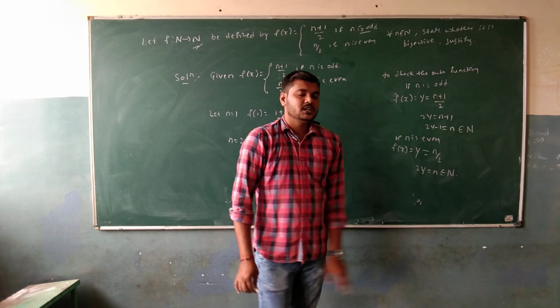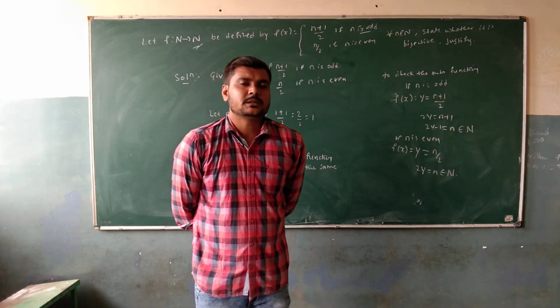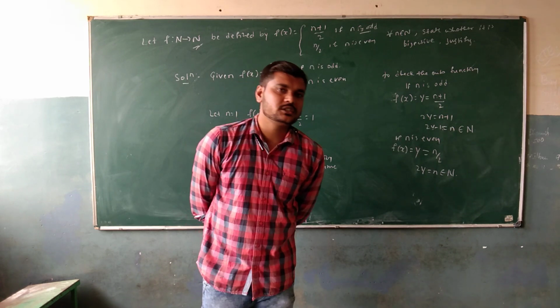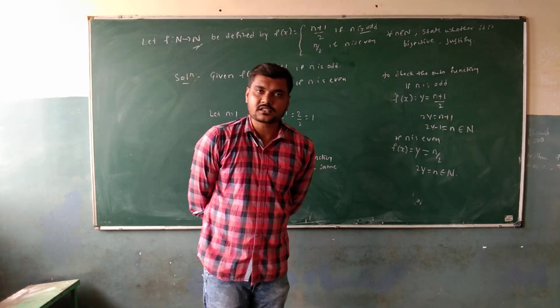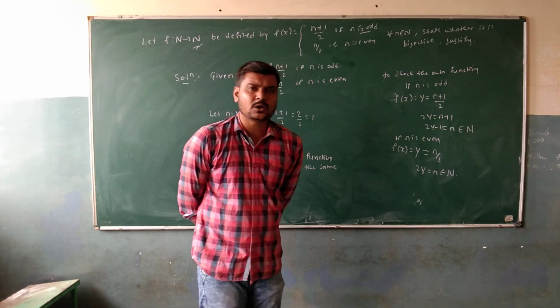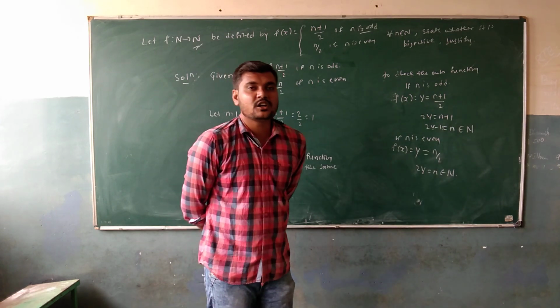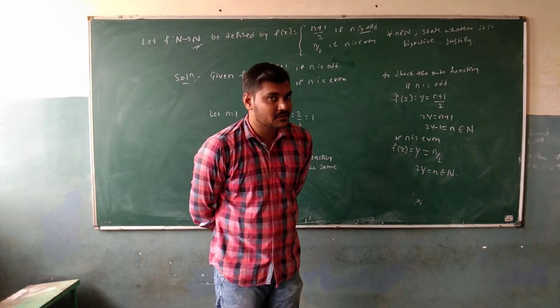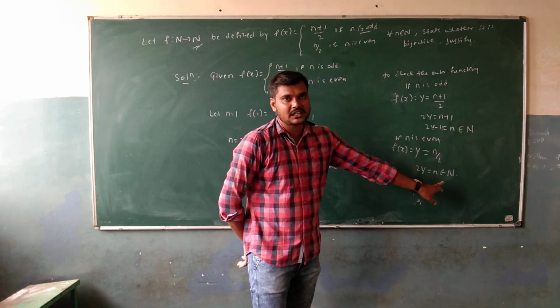If we give any value to y from the set of natural numbers, suppose 1 gives 2, suppose 2 gives 4, suppose 3 gives 6, so 6 also belongs to the natural numbers. If we give y as 10 crore, it gives 20 crore, which is also an element of the set of natural numbers. So 2y is equal to n is also a member of the set of natural numbers.